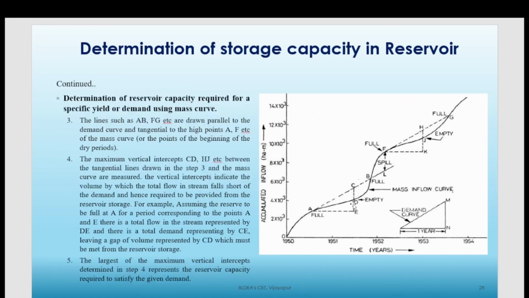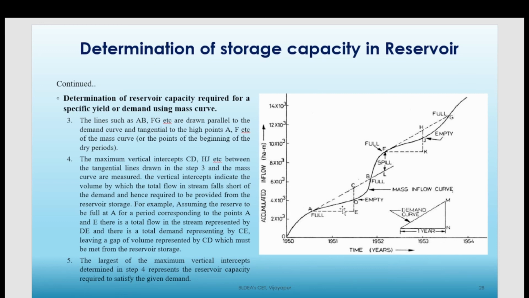As you can see in the previous slide, we have understood how the yield and the storage capacity of a reservoir can be calculated. After that, we'll study how the volume of water stored changes with the increase in the height of water.